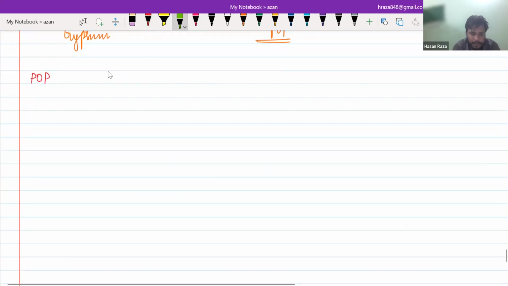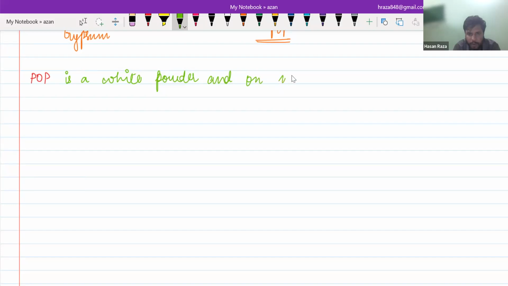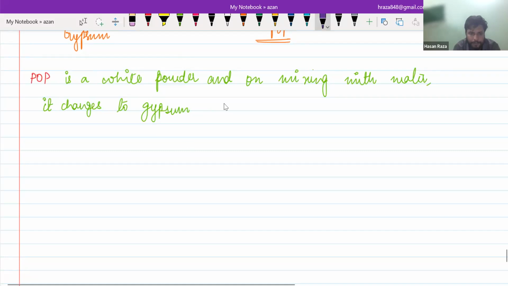POP, that means plaster of Paris, is a white powder and on mixing with water, it changes to gypsum, giving a hard solid mass.